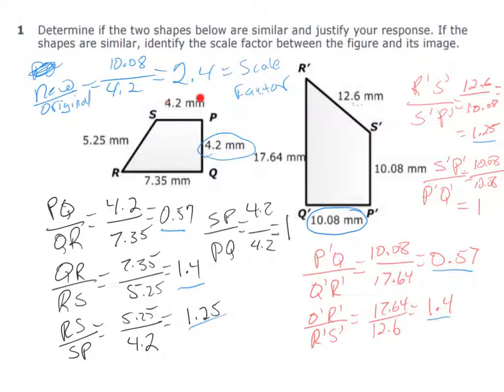I did it clockwise, started with SP, then PQ, then QR, then RS. And as I set my ratios up, I set my primes the same way since I started with SP. So I'll start here with S prime, P prime, go over there, then take this one to this one, and then this one to this one. So I did the exact same thing.